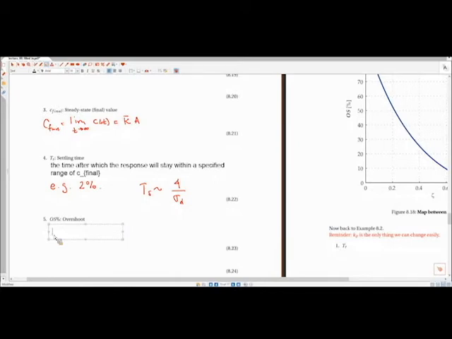And then our overshoot will be equal to C max minus C final, and it's always a percentage, so it's going to be divided by C final. Okay? So it's basically how much our system overshoots the final value. The word is pretty illustrative.